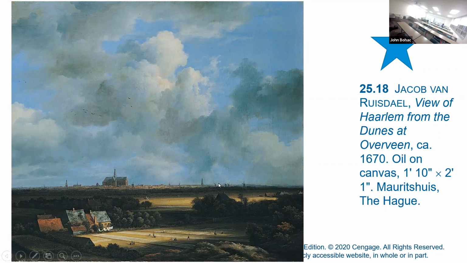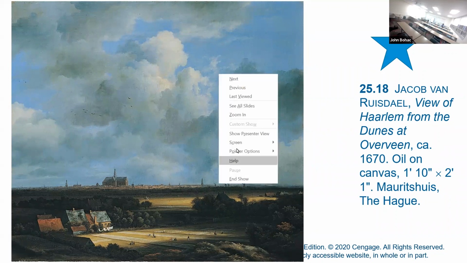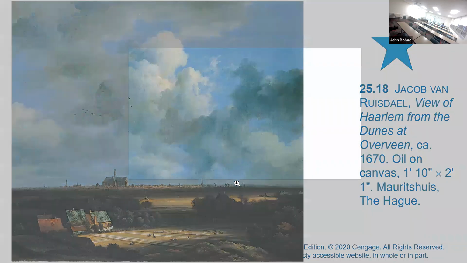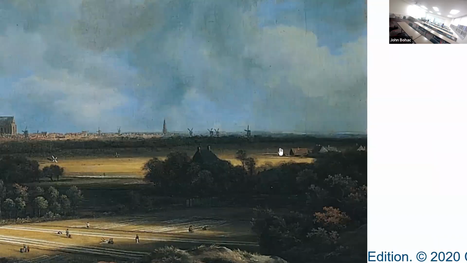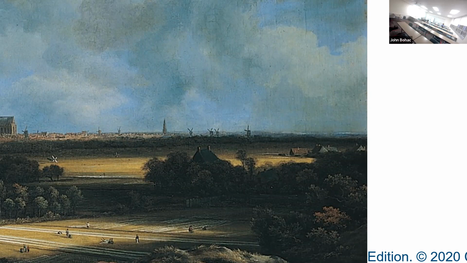And you can see here, I'm going to zoom in a little bit because I think this is important. What you see here, these are windmills. And the Dutch used wind power, in part, to move water.